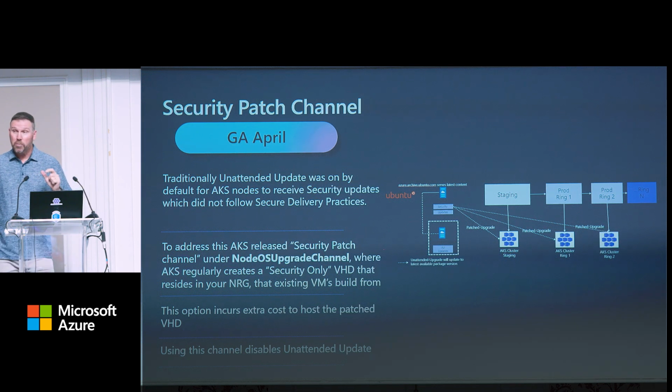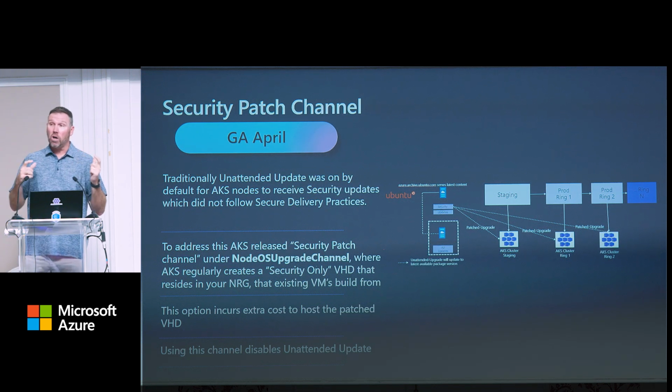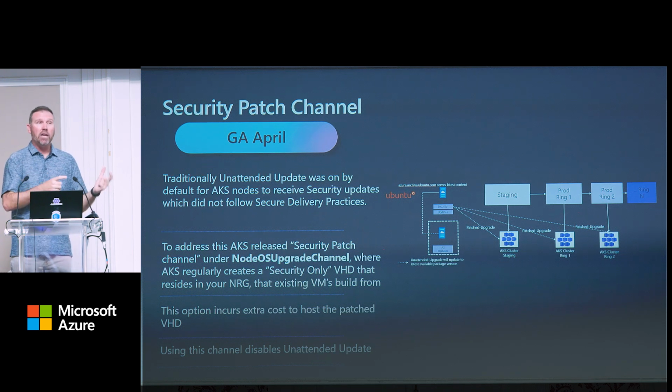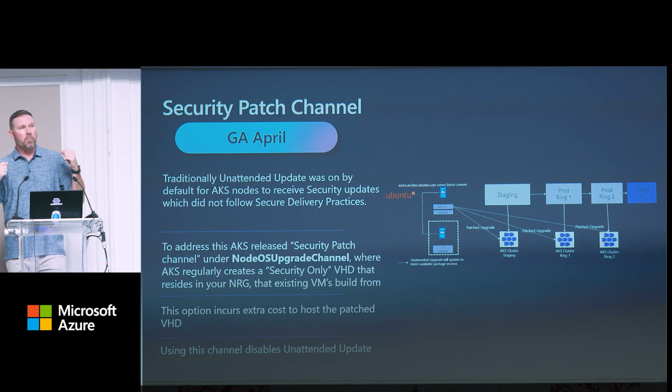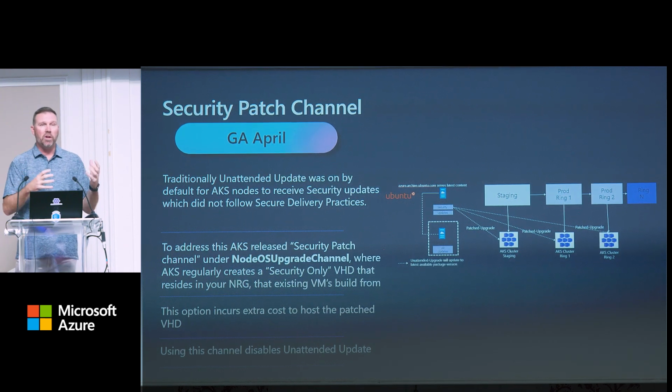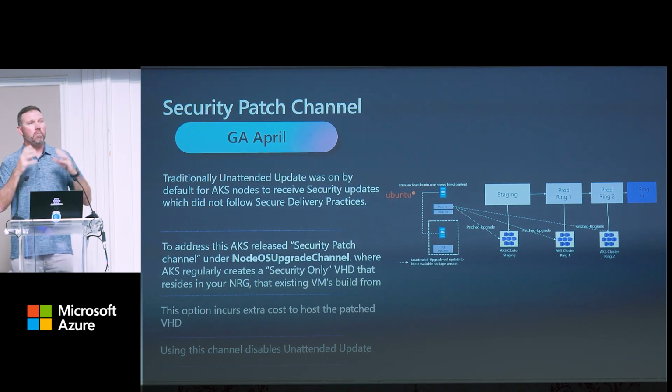Security patch channel essentially turns off that unattended update. Now you get a true secure delivery practices enabled environment, so that when those patches come, they've been vetted, tested and validated in your environment. The idea from this channel is that when you build it out, you're essentially building a security patched VM that all your AKS clusters will build out.